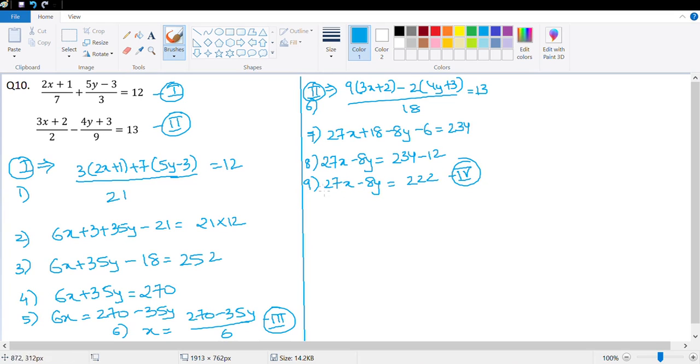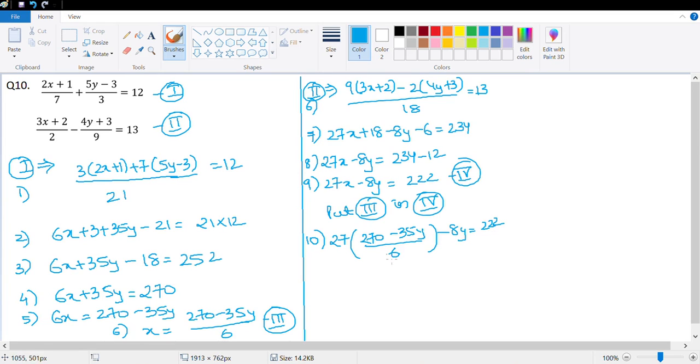So we've got two equations. Let's put x is equal to (270 minus 35y) upon 6 in 4. So put equation 3 in equation 4, and what we get is 27 times (270 minus 35y) upon 6 minus 8y is equal to 222.